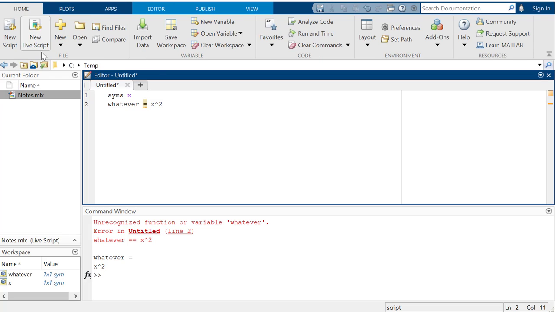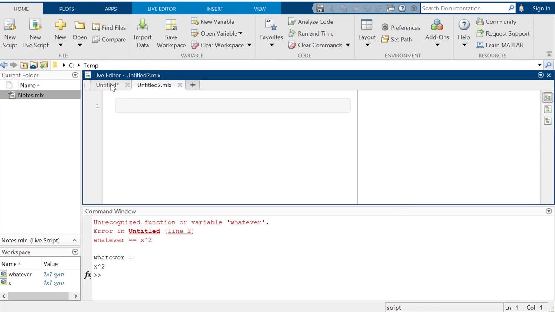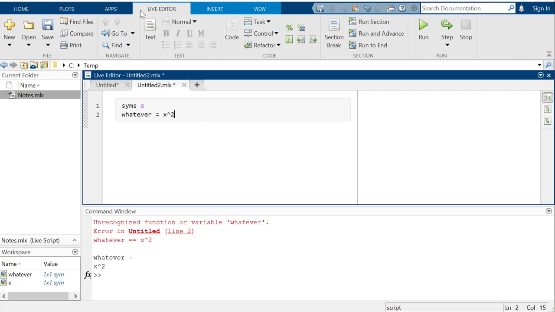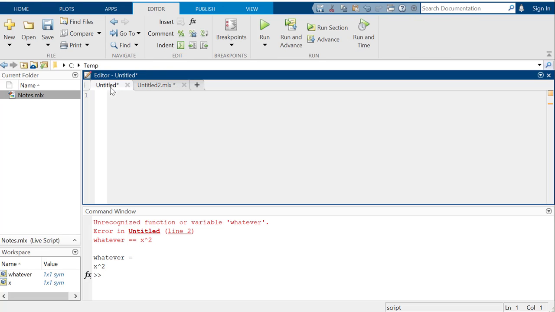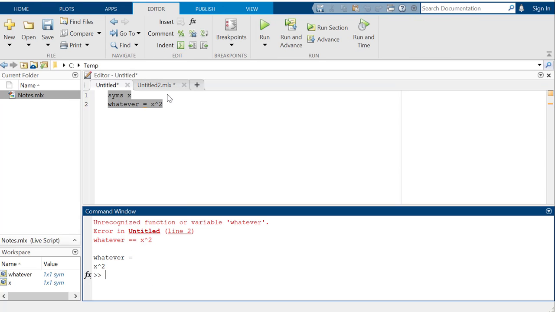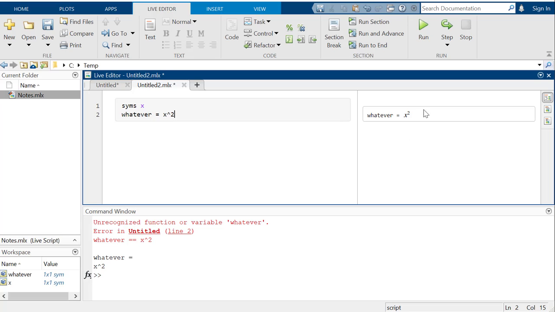But if I create a new live script, and I take the exact same code and put it over here, and then I go to my live editor and run it, it's actually going to show up over here in pretty print. Everything I'm going to do in the live editor, you can actually do in a regular script, except when you do it regular, it's kind of ugly, and when you do it over here, it's extra pretty.